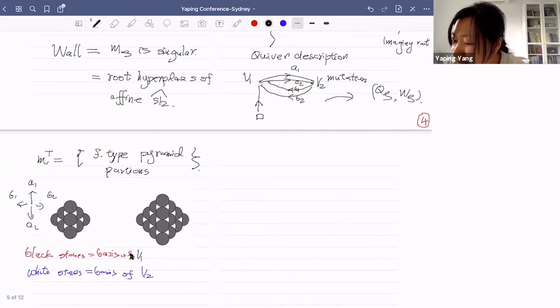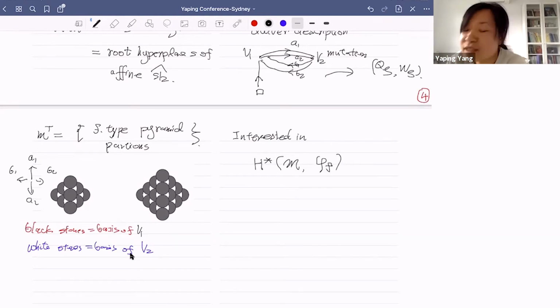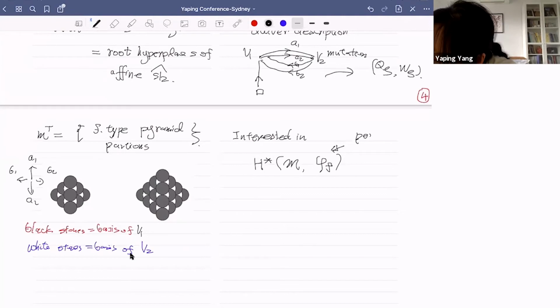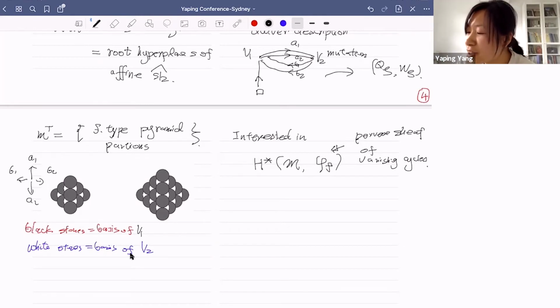Okay, for me, I'm interested in the cohomology of this moduli space with coefficient in some perverse sheaf, the perverse sheaf of vanishing cycles of F. By localization, all those pictures will describe a basis for this vector space.